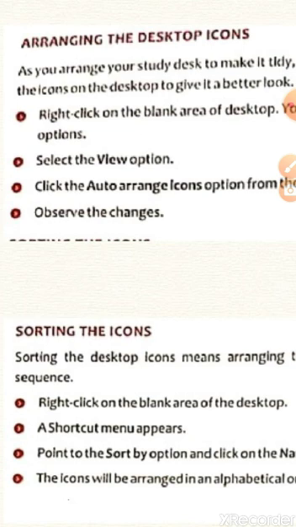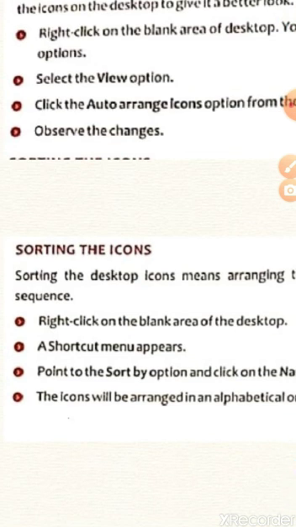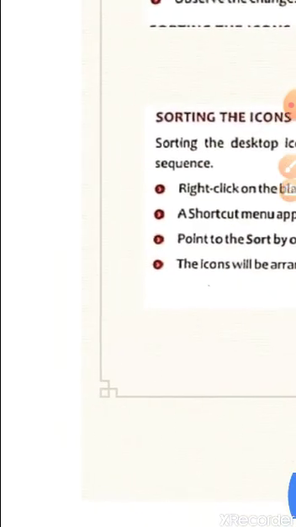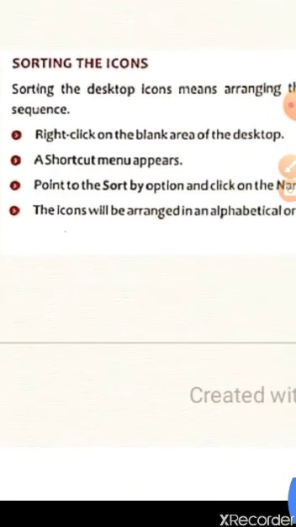Now we have the next topic, sorting the icons. How do we sort them? If we don't want this kind of auto arranging, sorting the desktop icons means arranging them in a proper sequence, like all the program files to be put in the first place, and then all the word files, according to their types.